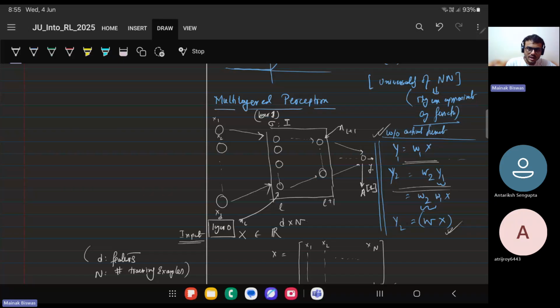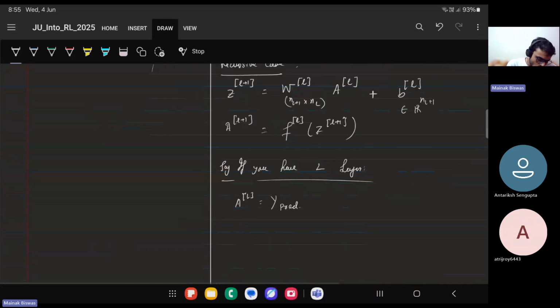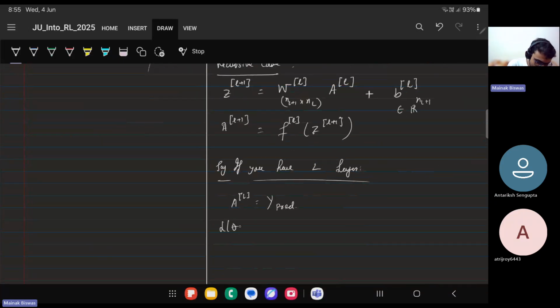Yes. You write a for loop, it's your Y predicted. So your loss function L of theta is going to be the sum over i equal to 1 to n of (AL minus Y true) whole square.